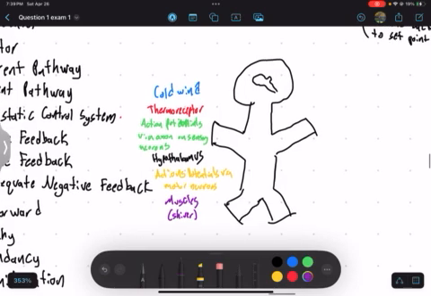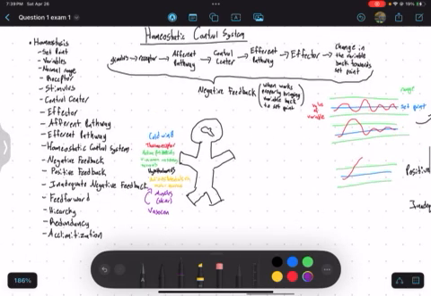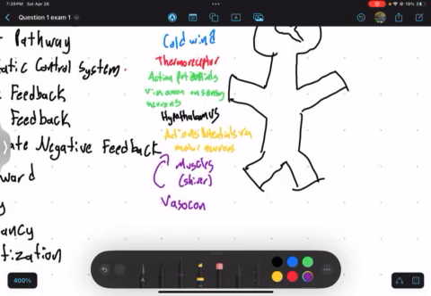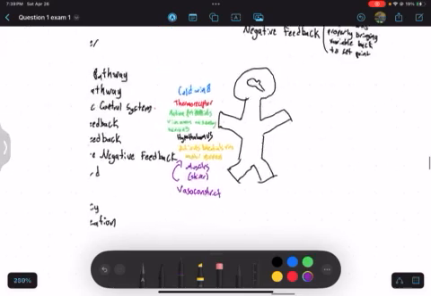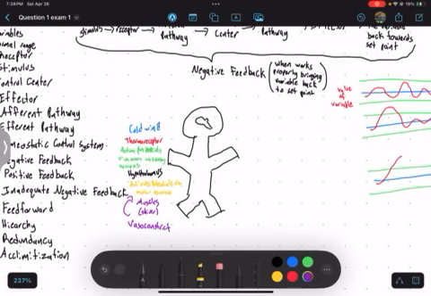So it'll also cause vasoconstriction just through a different efferent pathway. But this vasoconstriction will start with the extremities.